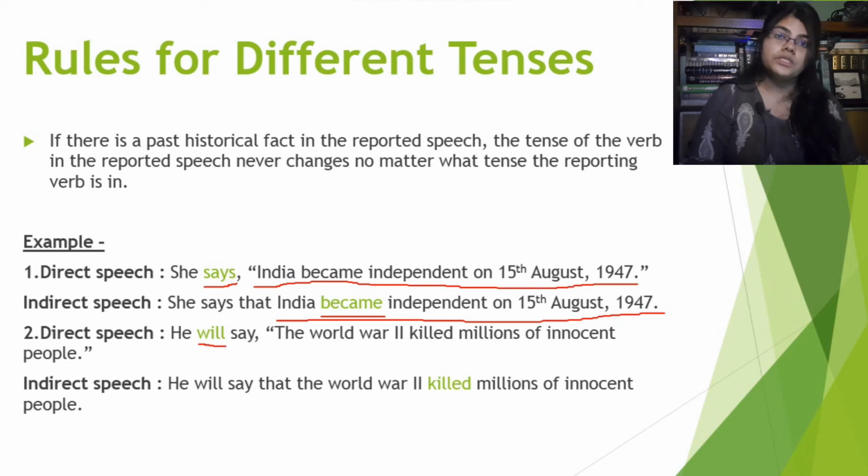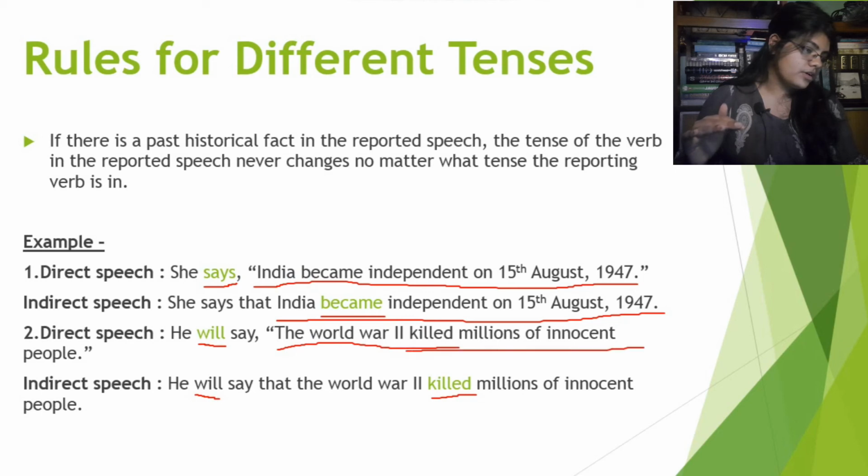The reporting verb is in future tense, so the verb of the reported speech, which is "killed," will not be changed. But this is not why the verb is not changed. The verb is not changed here in the indirect speech because this reported speech, World War II killed millions of innocent people, is a historical fact. That's why the verb here is not getting changed. This is the reason behind it.